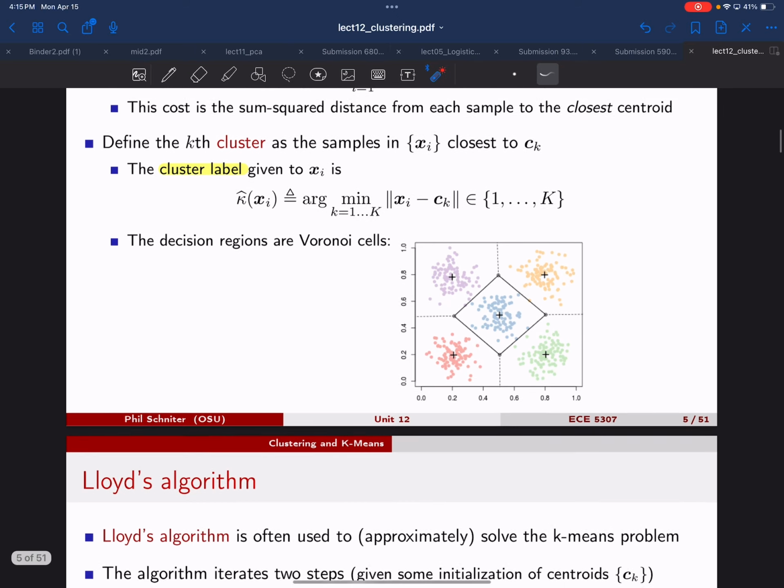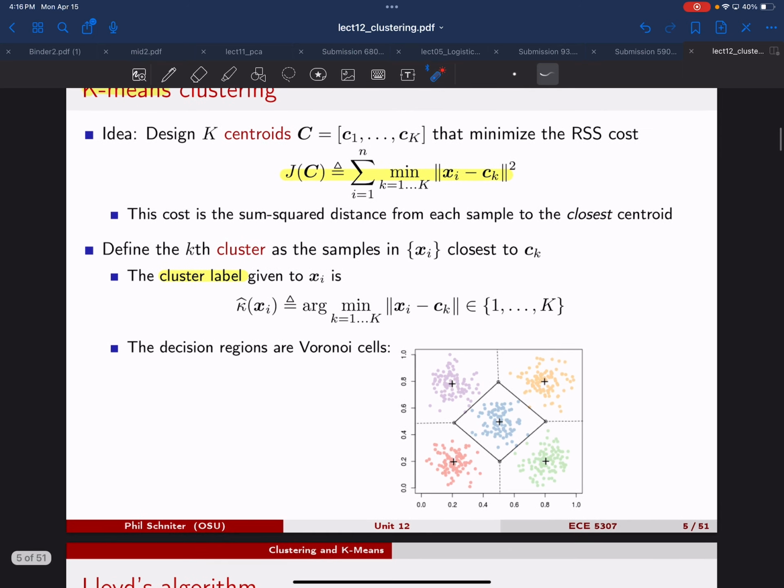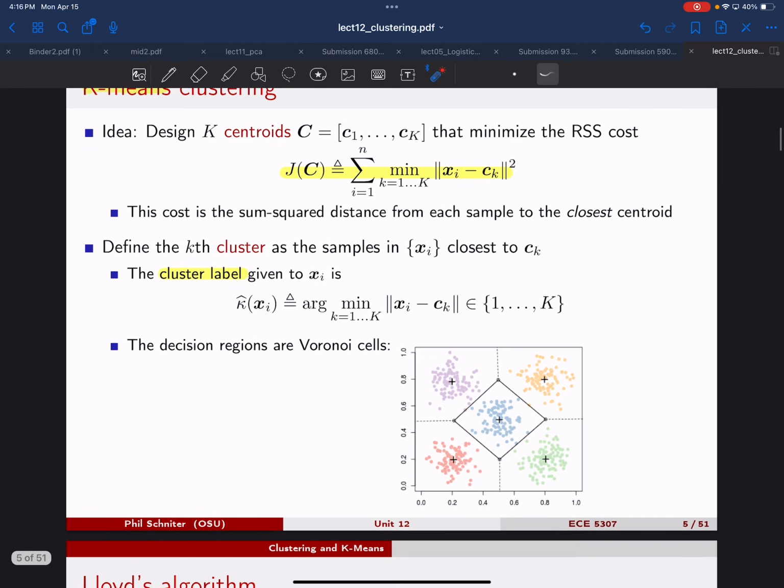Okay. So it turns out that this is a really difficult cost function. There's really no algorithm out there that can minimize it perfectly, except for some exhaustive search.